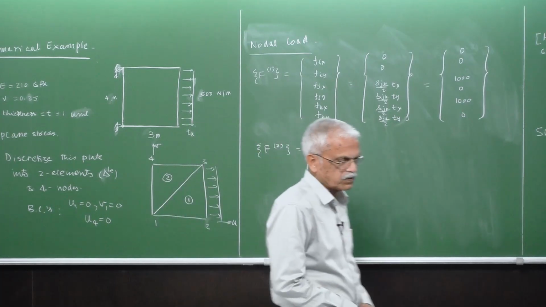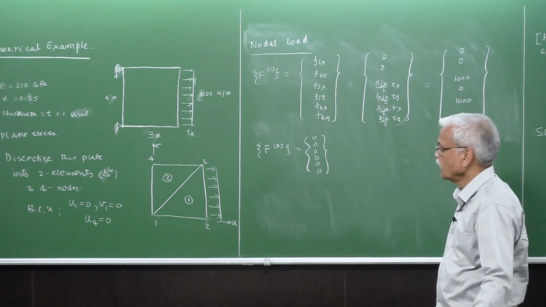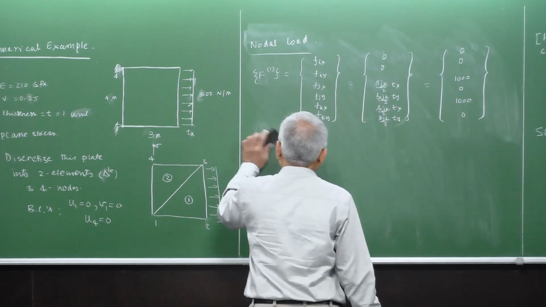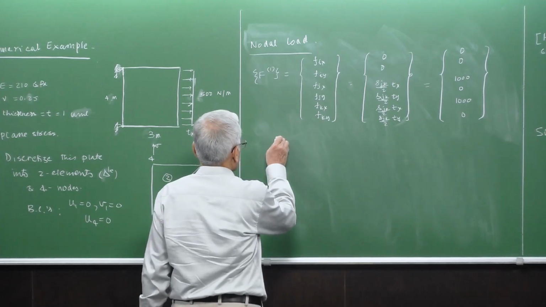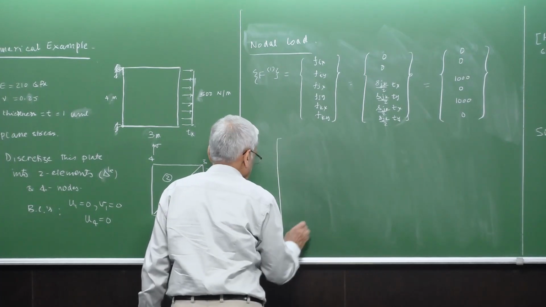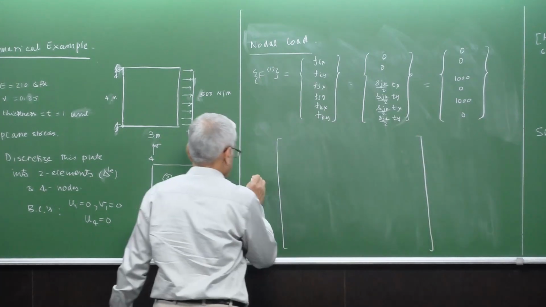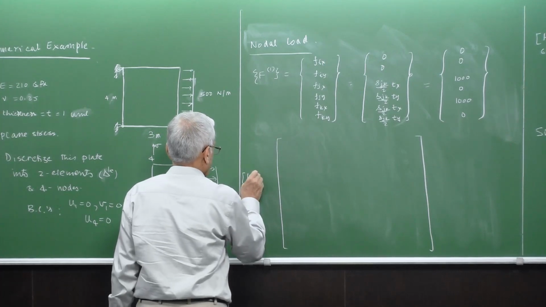Now let's try to assemble these elemental matrices into the global stiffness matrix and the load vector. So the global will consist of, this is K global.